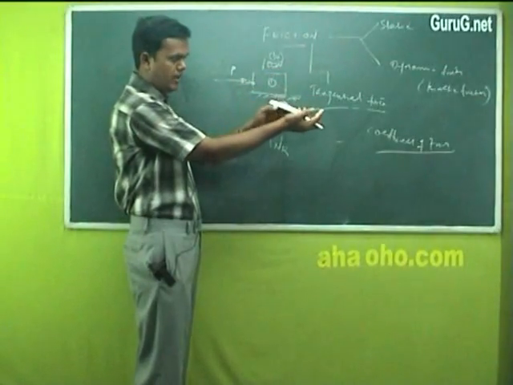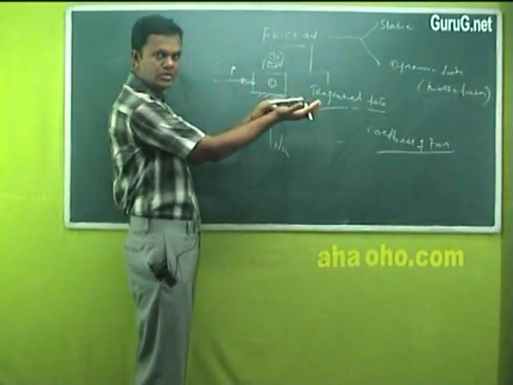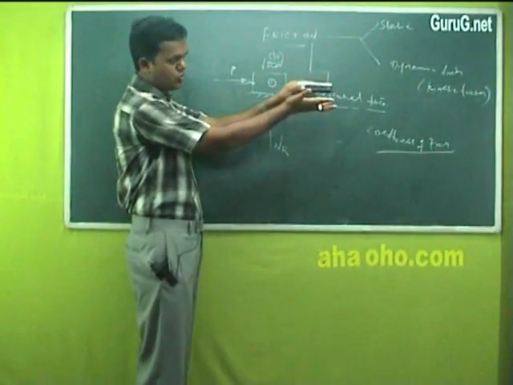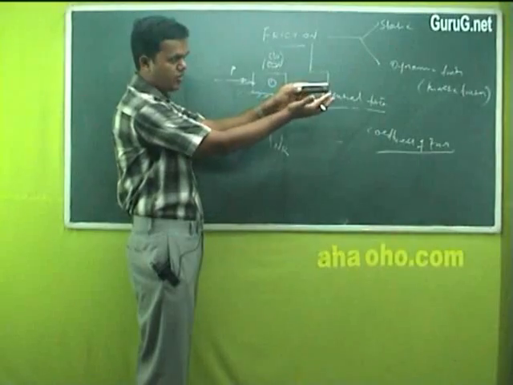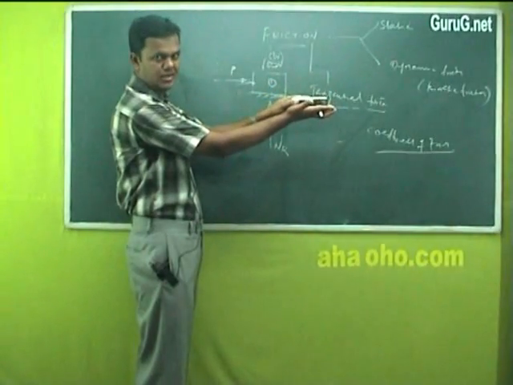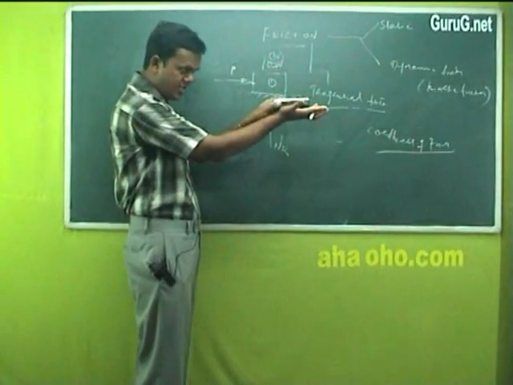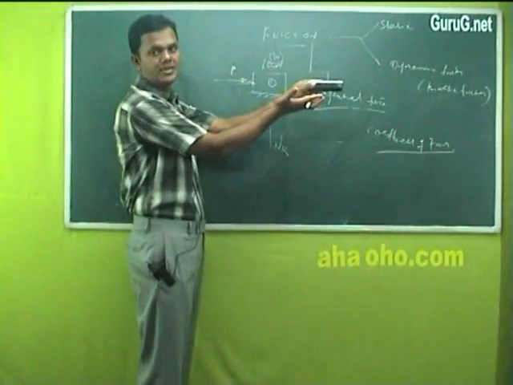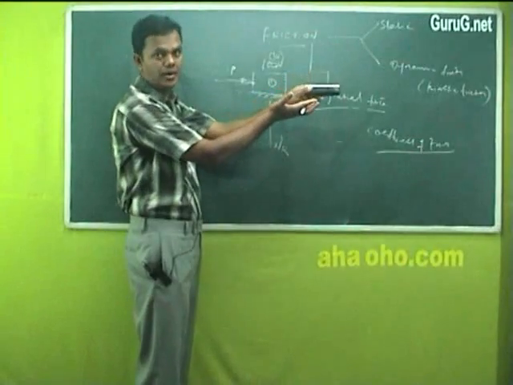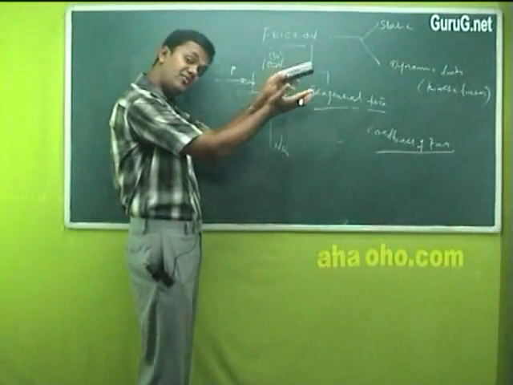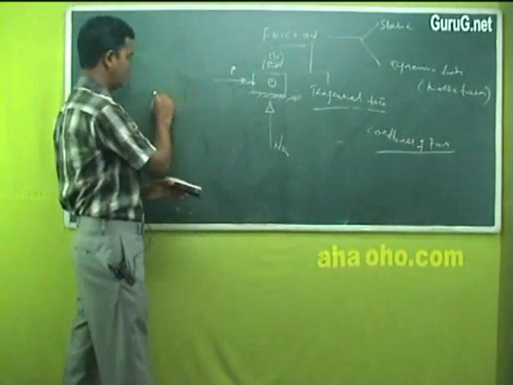I am just keeping it this way and applying a force. If there is no friction, it will immediately pass off. When these two bodies are in contact, obviously the area of contact where it is touching the hand will have some friction force. If I overcome that frictional force, only then it will pass on to the next point. So the highest value of that force is called your limiting friction.